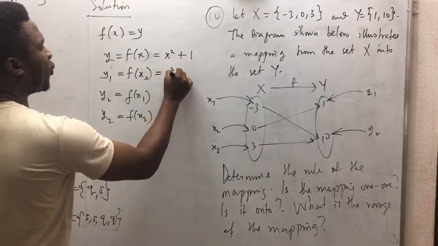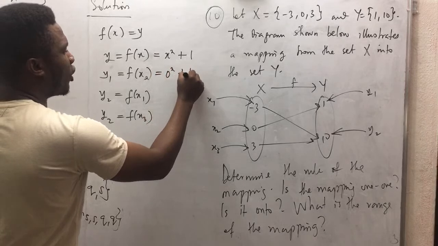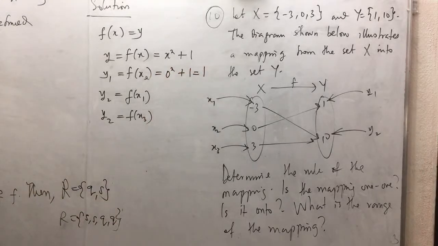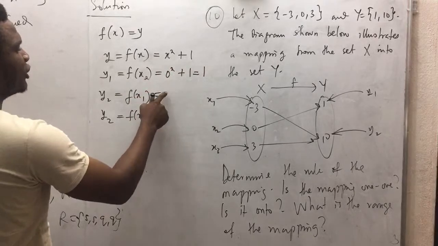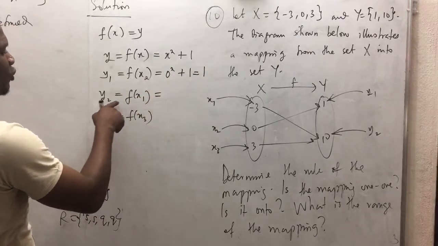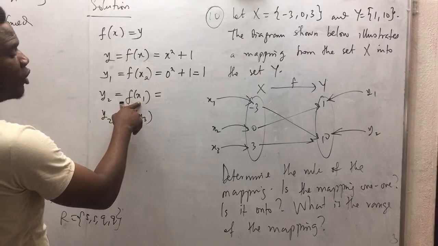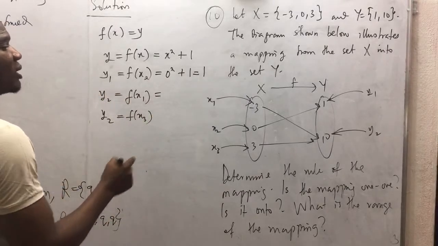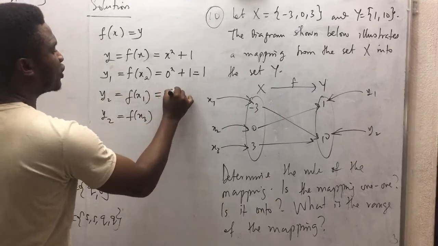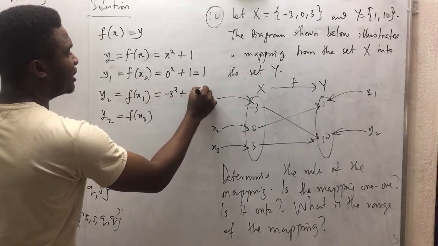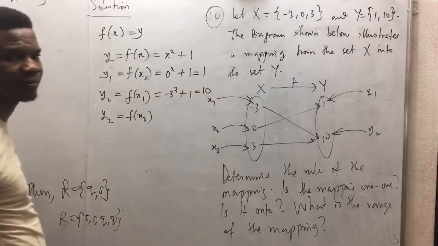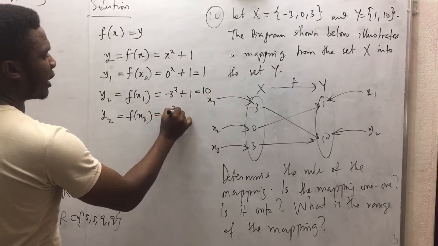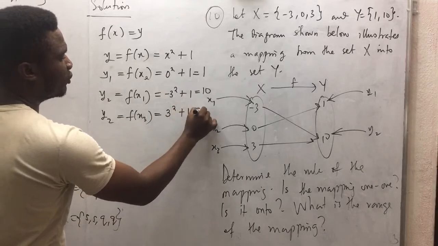It was 0. 0 squared plus 1 gives 1. In this case, y2 came from f of x1. What is x1? Minus 3 squared plus 1. It gives you 10. And this also is 3 squared plus 1, which gives you 10.